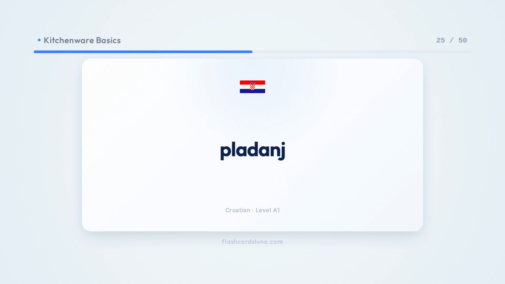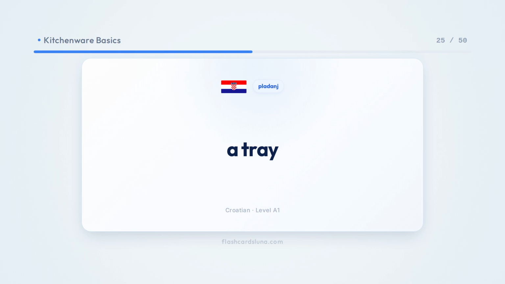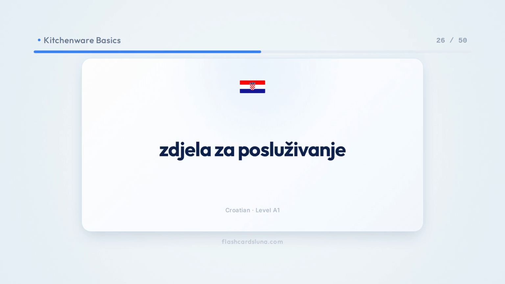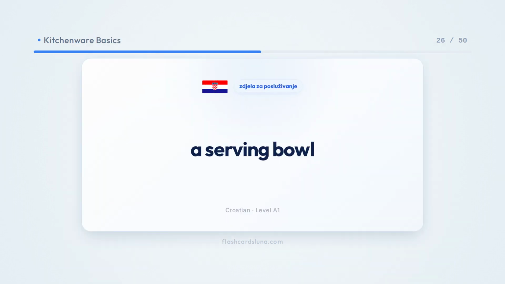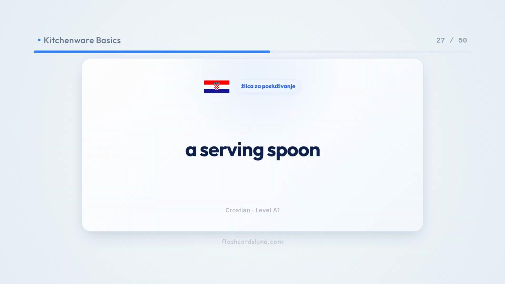Pladanj. A tray. Zdjela za posluživanje. A serving bowl. Žlica za posluživanje. A serving spoon.